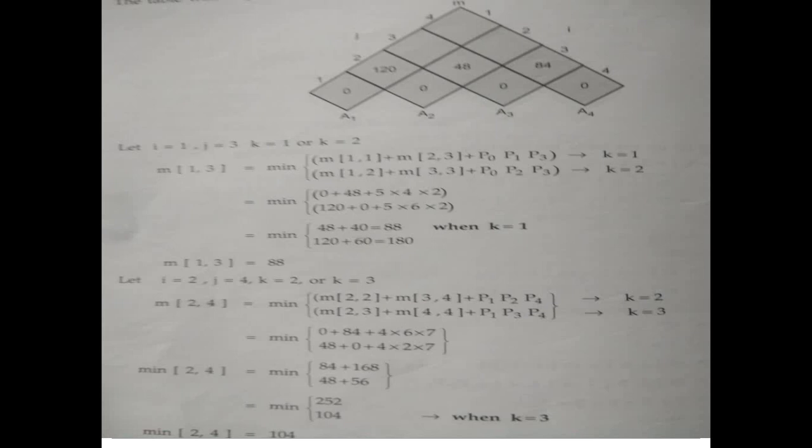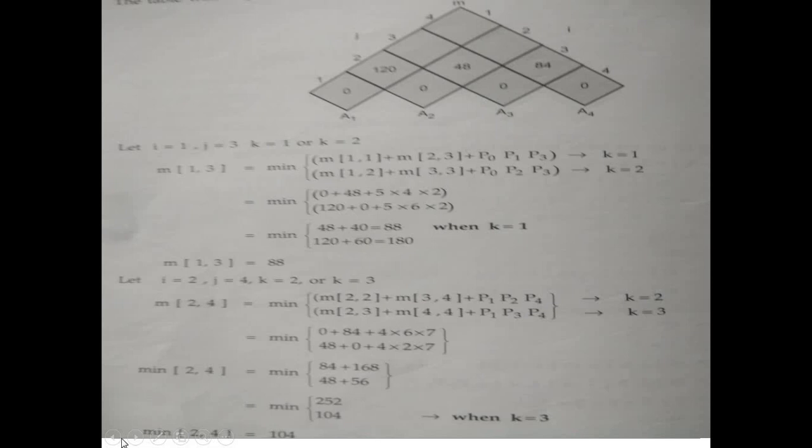In this case, with three matrices, we will have two ways. If we find the multiplication of matrices 1, 2 and 3, then we can calculate the multiplication of A2 and A3, and after it we will multiply with A1. Another way says that we multiply A1 with A2, and after getting its result we will multiply with the matrix A3.